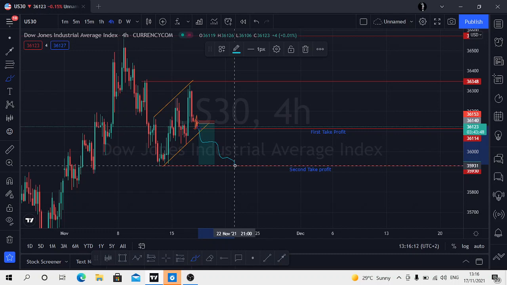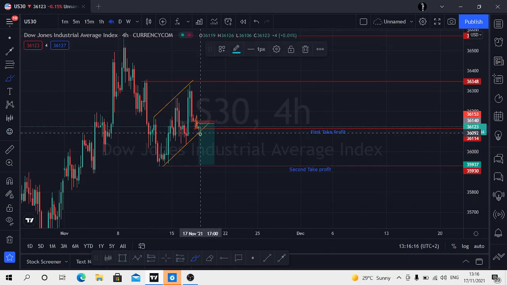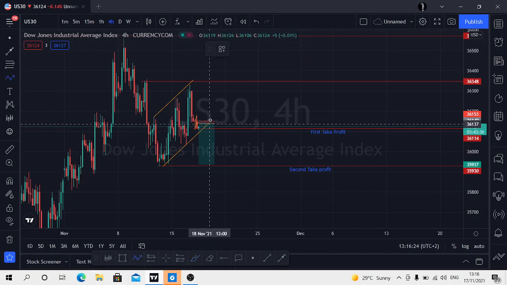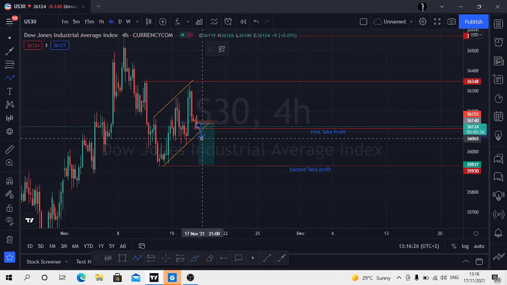And then once price comes here, we are expecting this very nice area. Let me just use this, this looks a bit more clear, right?